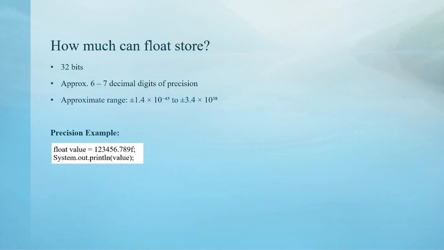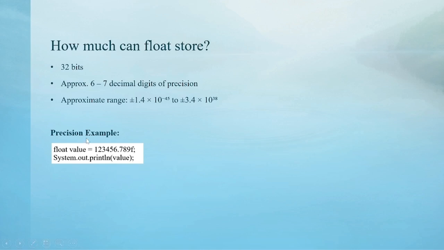A Java float provides approximately 6 to 7 decimal digits of precision, and the approximate range is plus or minus 1.4 into 10 raised to minus 45 to plus or minus 3.4 into 10 raised to 38.